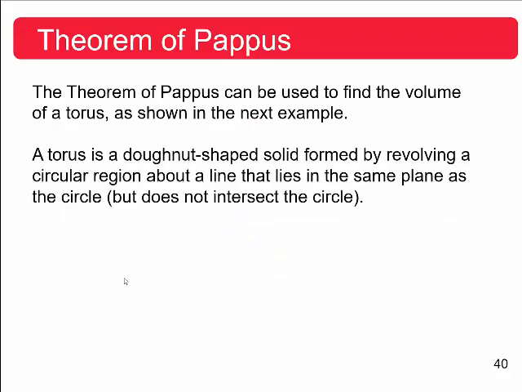All right, so the theorem of Pappus can be used to find the volume of a torus as shown in the next example. We know a torus is a donut-shaped solid formed by revolving a circular region about a line that lies in the same plane as the circle. So you can use this now if you ever need to find a solid of revolution for this type of shape specifically.